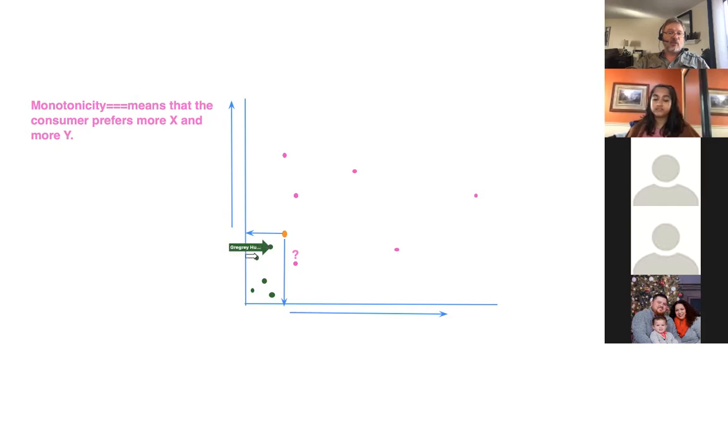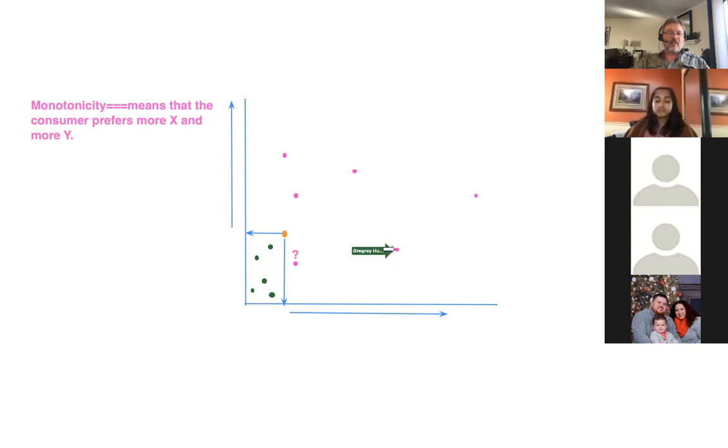Like you said, the green ones would be inferior, an okay word to use, in the sense that the green ones represent less of both. So monotonicity would rank the green ones as being less preferred. The pink one that gives you more of one but less of another good isn't ranked by monotonicity.